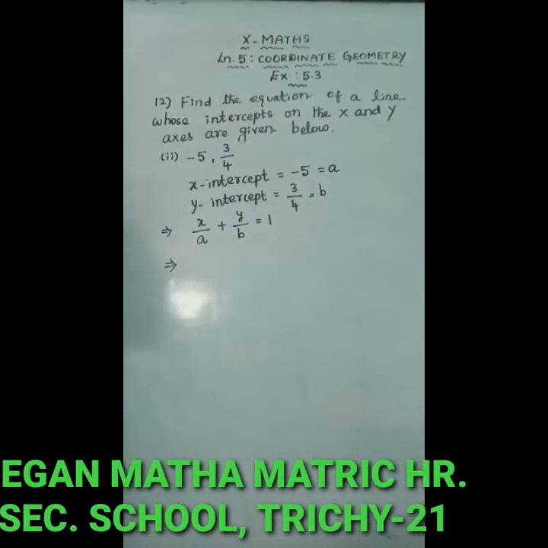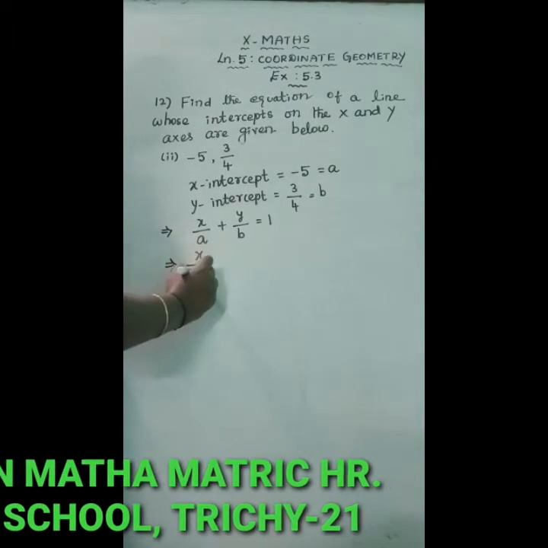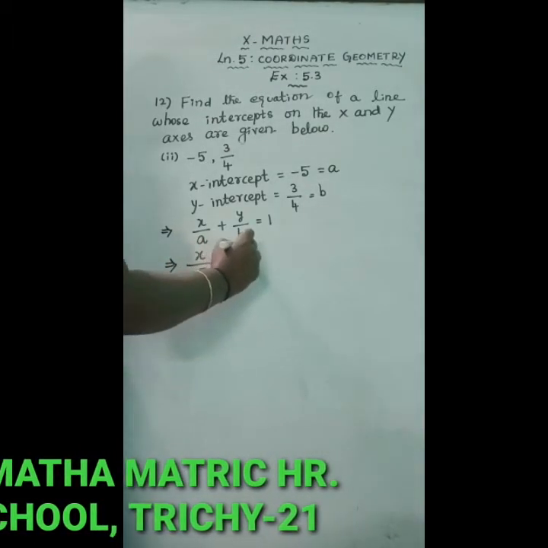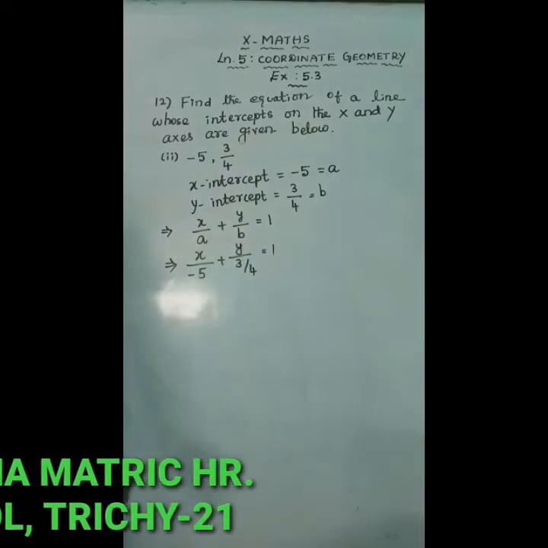So, we substitute the given values. We have x divided by minus 5 plus y divided by 3 divided by 4 is equal to 1.